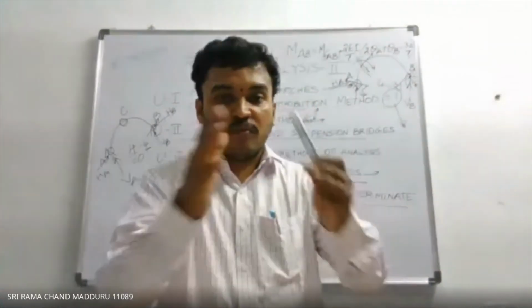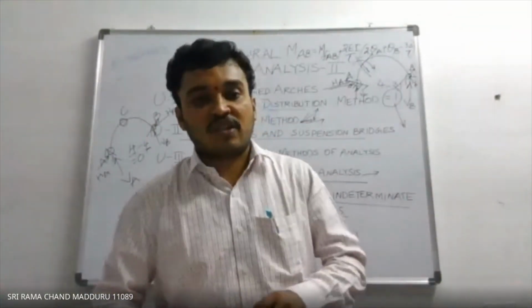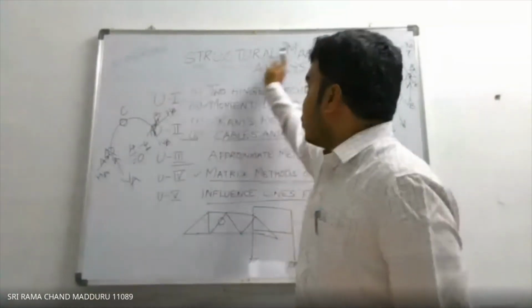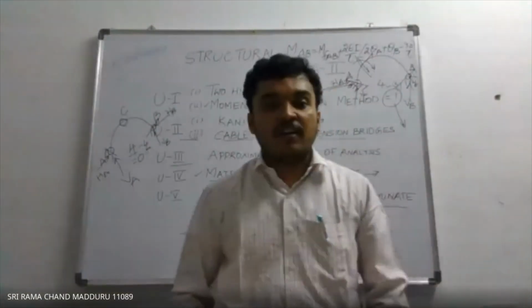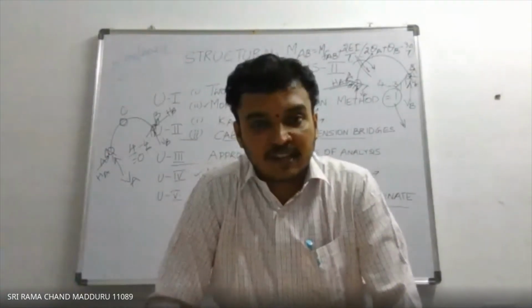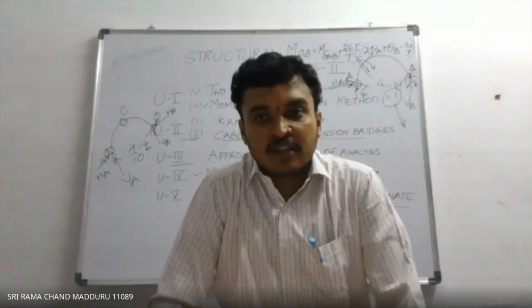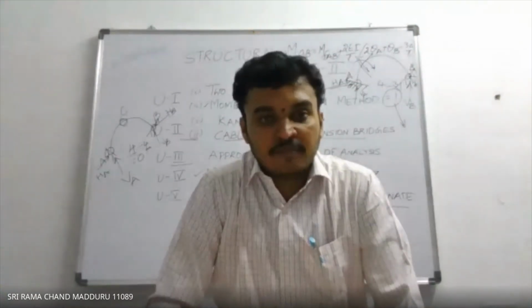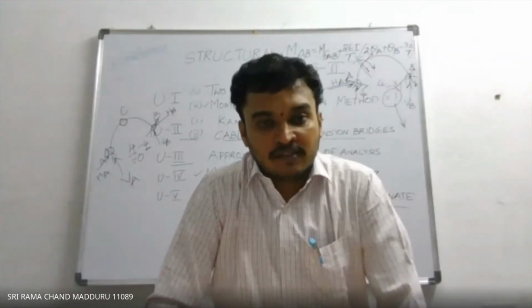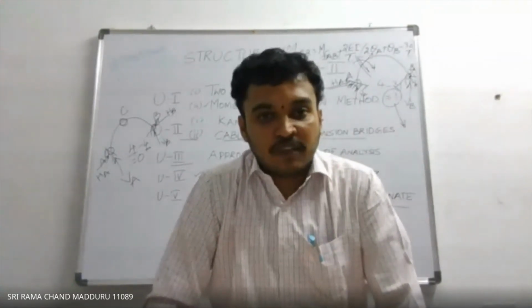So this is how the entire structure of structural analysis is divided. This structural analysis is basically meant for indeterminate structures, so we will be analyzing indeterminate structures like propped cantilevers, fixed beams, and continuous beams.